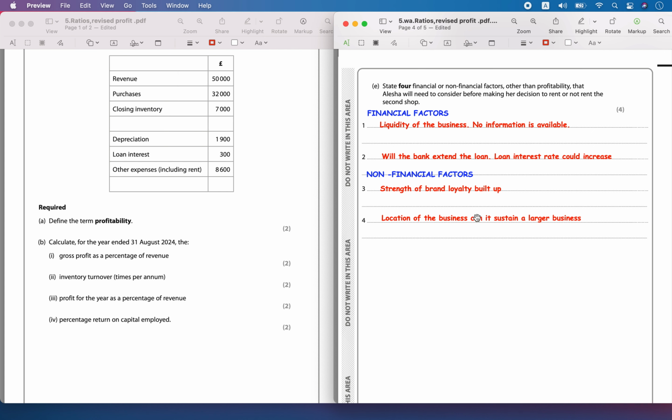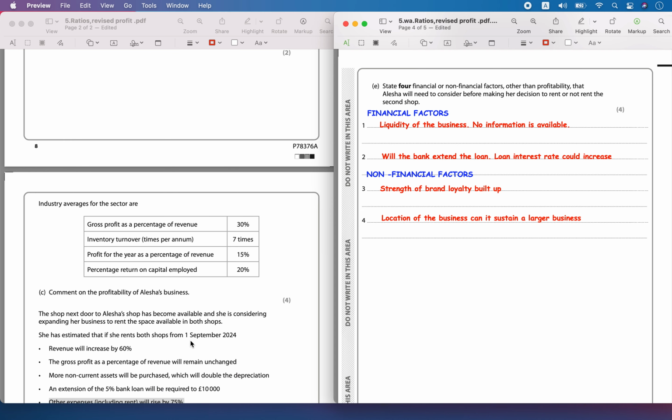There is no information available here. Other than profitability, you talk about the liquidity or the cash flow of the business. Those will indicate the financial factors. And will the bank extend the loan? Interest rates could have increased too; we have seen it can always increase.